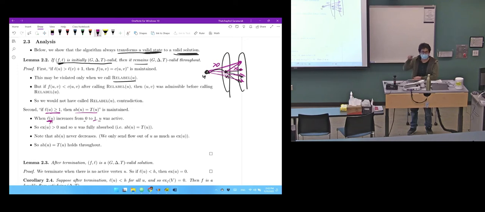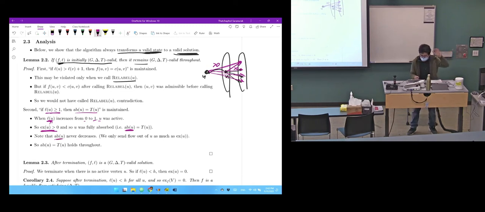That's the only reason we look at U. When U is active, it means that the excess at U is more than 0. When you have excess, it means that everything is fully absorbed at U. So U is fully absorbed when you increase the level.